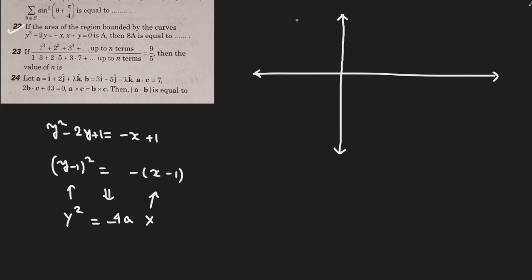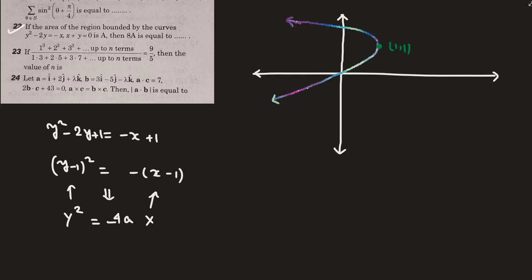So now the parabola will look like this. Here the vertex of the parabola is (1, 1).